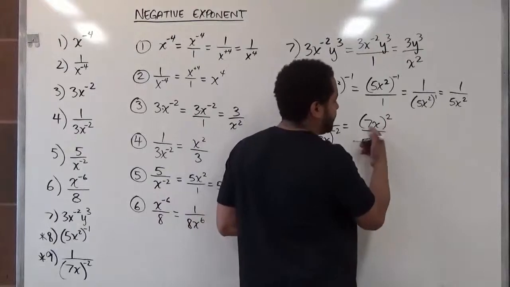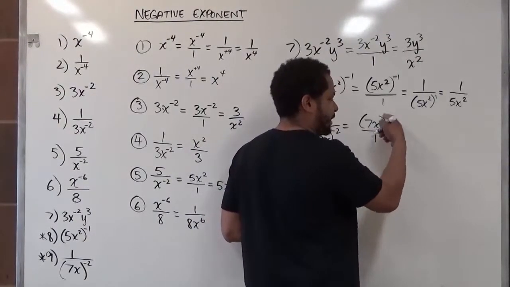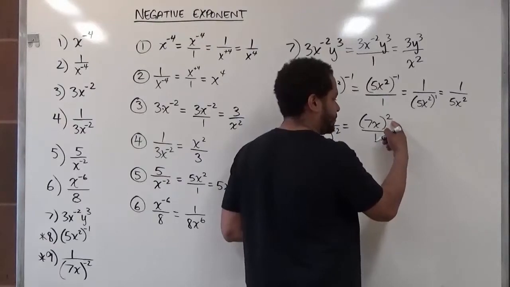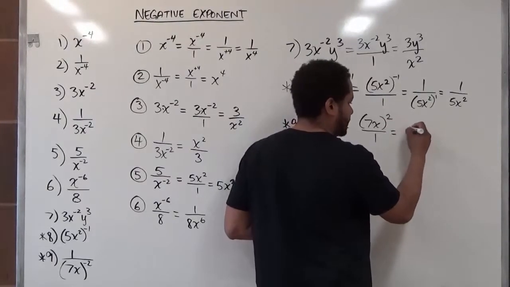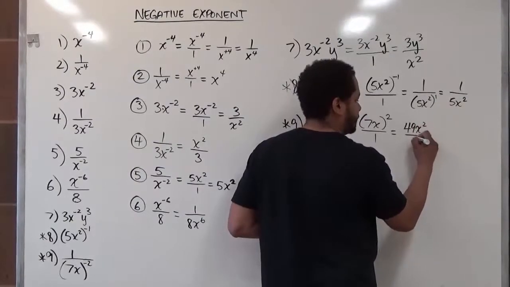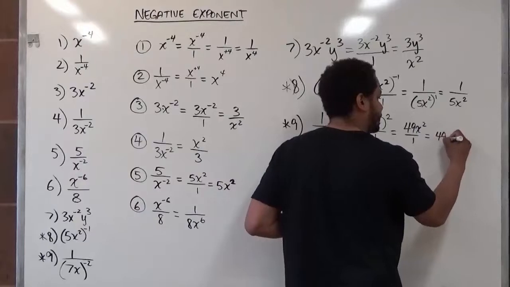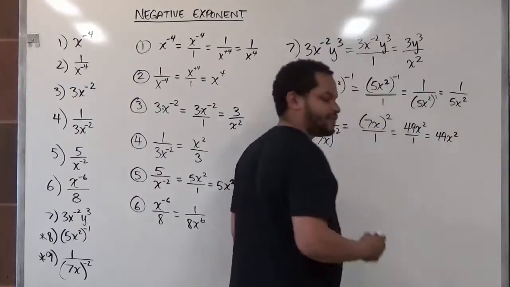And now we can evaluate this. And so this becomes 7x times 7x, because that's what we have when we have a second power of an exponent. And here this just becomes 49x squared over 1. And anything divided by 1 is exactly what we have, which in this case is just 49x squared.